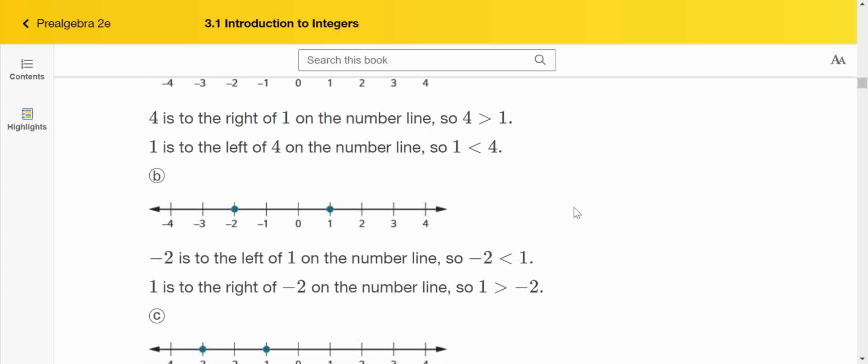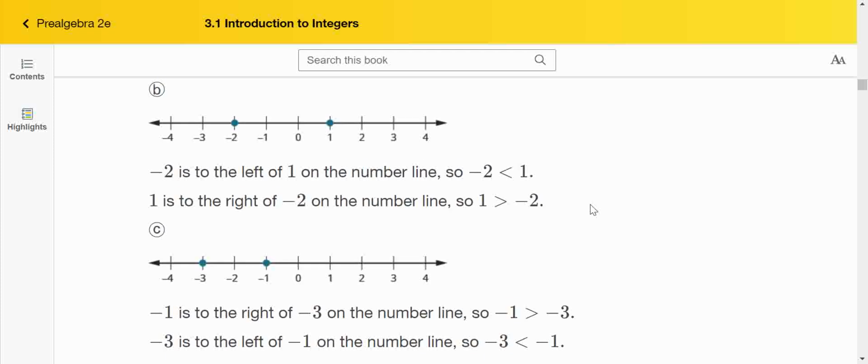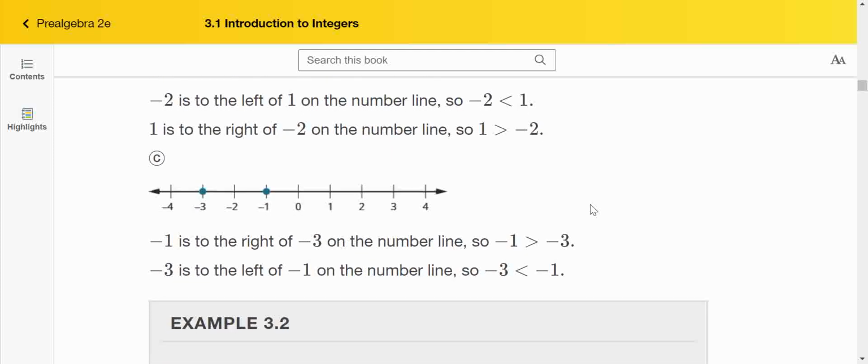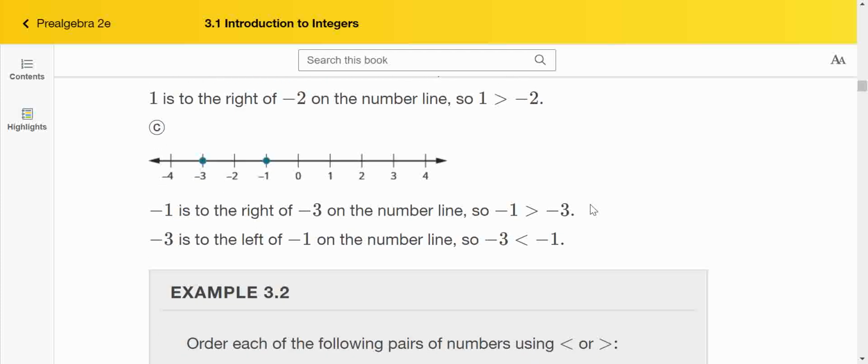B. Minus 2 is to the left of 1 on the number line, so minus 2 is less than 1. 1 is to the right of minus 2 on the number line, so 1 is greater than negative 2. C. Minus 1 is to the right of minus 3 on the number line, so minus 1 is greater than minus 3. Minus 3 is to the left of minus 1 on the number line, so minus 3 is less than minus 1.